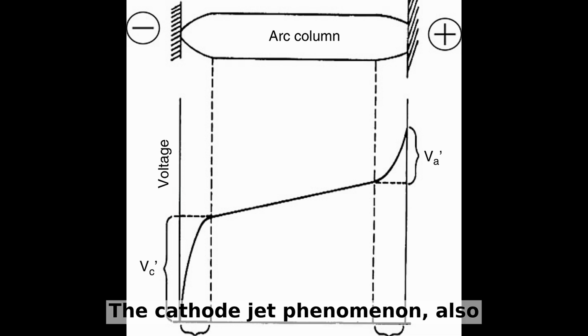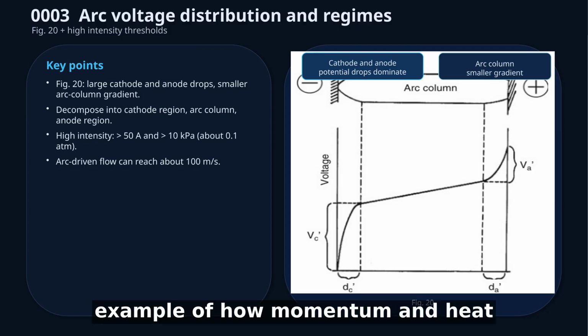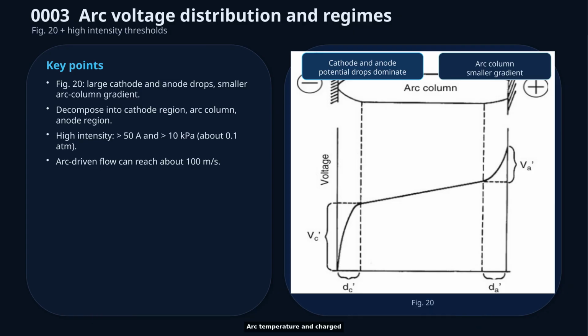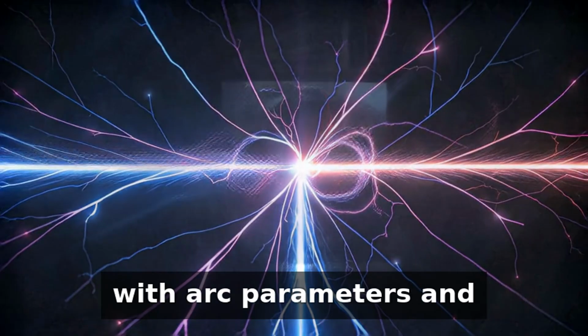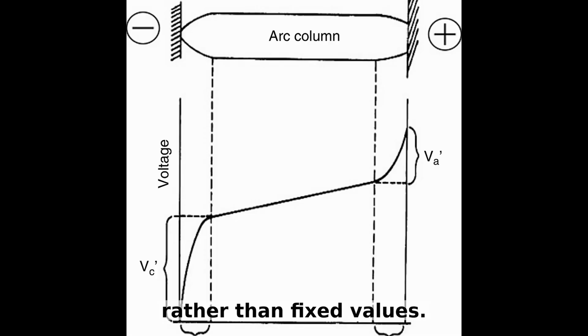The cathode jet phenomenon, also called the Maecker effect, is an example of how momentum and heat can be injected into the column. Arc temperature and charged particle density vary strongly with arc parameters and geometry, so device design must treat them as coupled outcomes rather than fixed values.